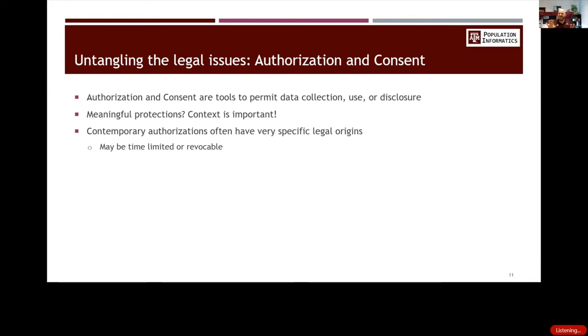And so the way these things are sometimes structured makes you wonder how effective they really are at protecting an individual's privacy or protecting their information or their intentions to protect their information. More on this later.